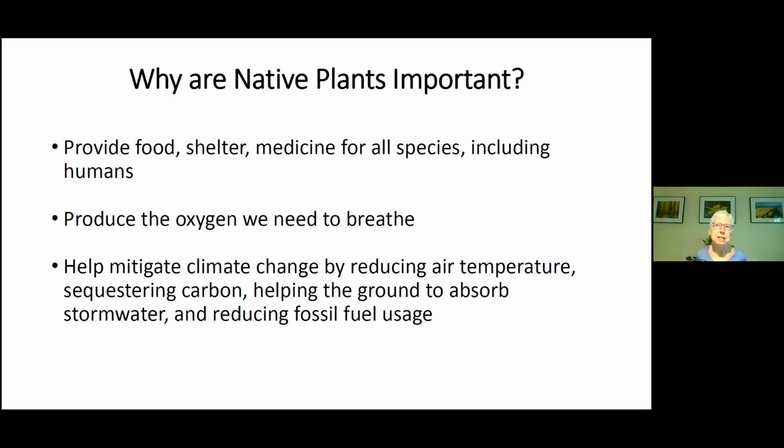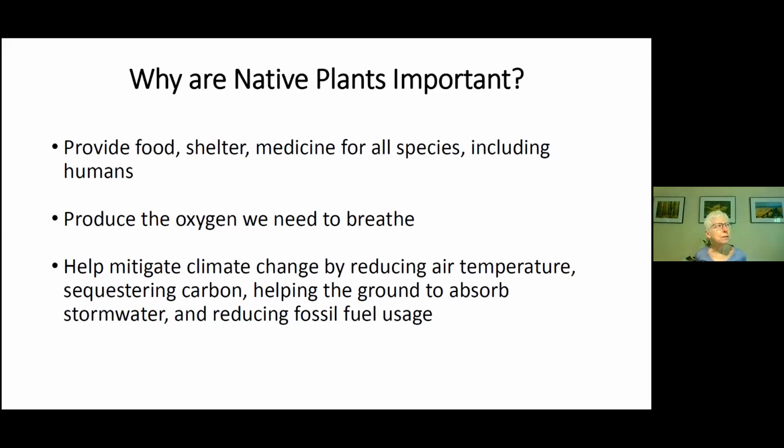And the plants that are native to the area in which you live are best adapted to survive and do well in the area in which you live. Also, having plants, and particularly native plants, instead of something like lawn, can help reduce the use of fossil fuel.